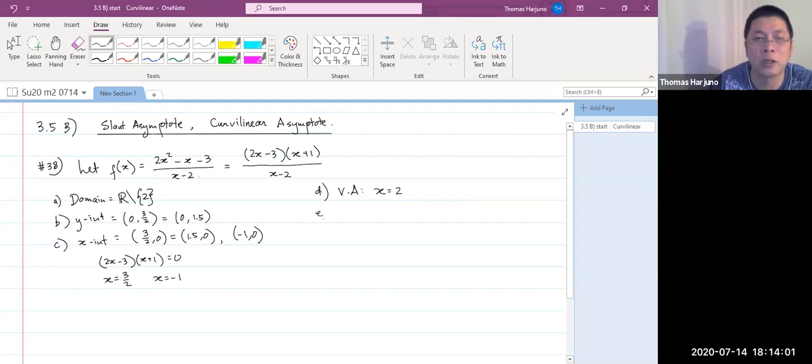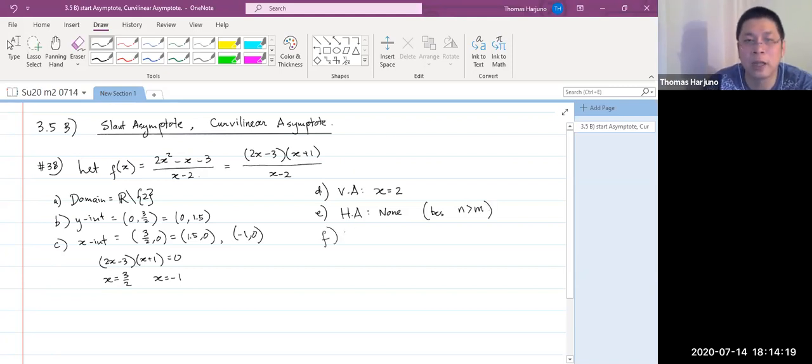Part E, horizontal asymptote, there's none because the degree on the top, 2, is greater than the degree at the bottom, 1. However, we have a slant asymptote because even though it's more, it's exactly 1 more. The degree on the top is exactly 1 more than the degree at the bottom.